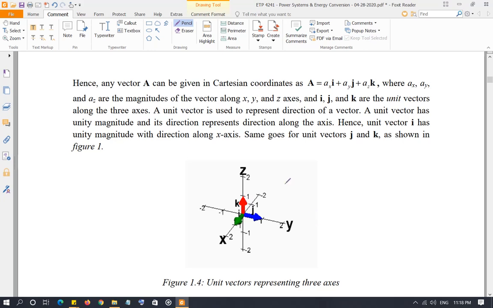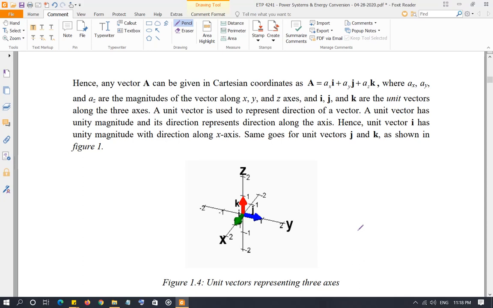So when we break down a vector in a space into XYZ components, we write the vector down in terms of the magnitude of the vector times the unit vector along the direction in which we are breaking it down.